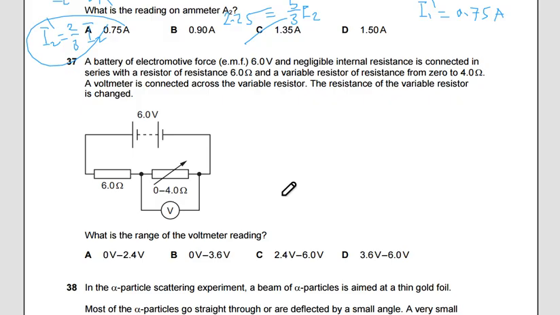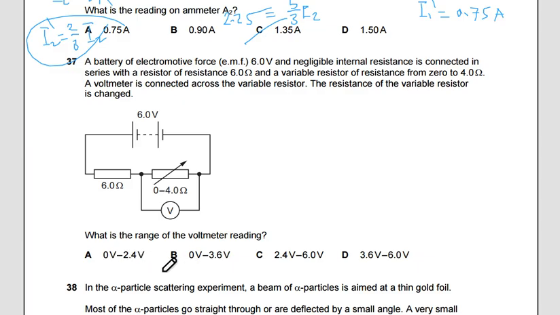In case the variable resistor is 0 ohm, it acts like a piece of wire with no voltage drop, and the minimum reading for the voltmeter will be 0.